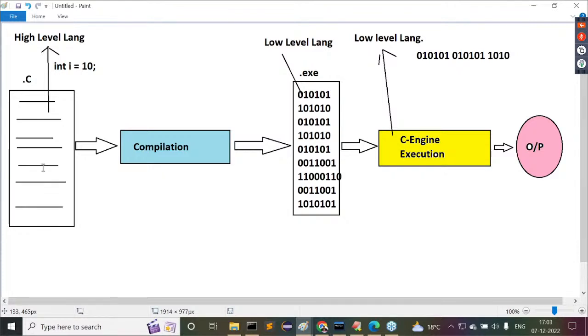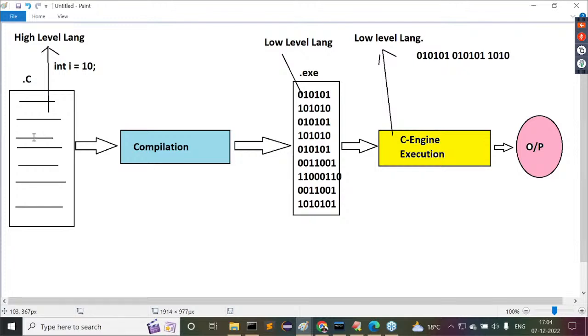Am I right or not? So definitely we may have a number of mistakes in our program. Having mistakes in our program is not the issue. But executing the program without checking whether our program has mistakes or not is the actual problem.